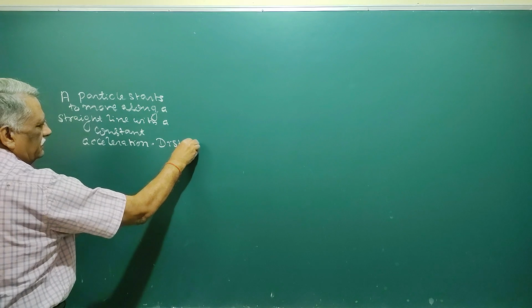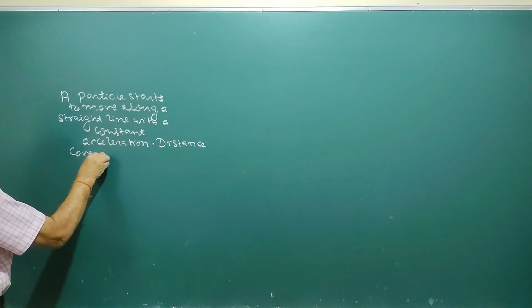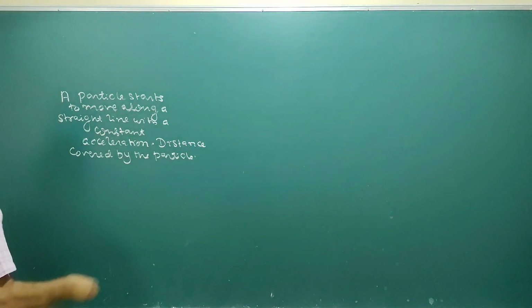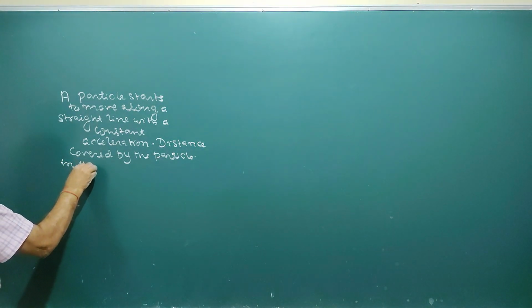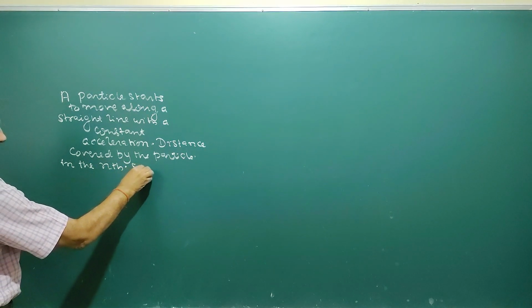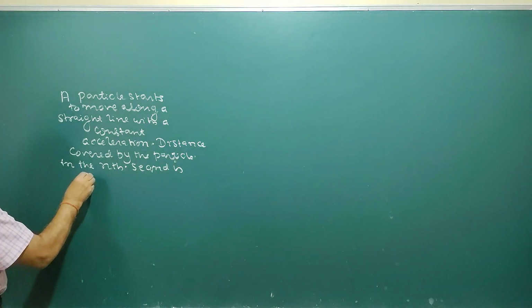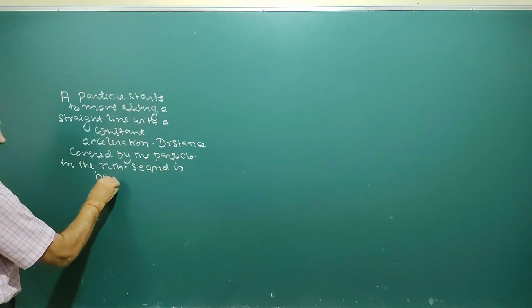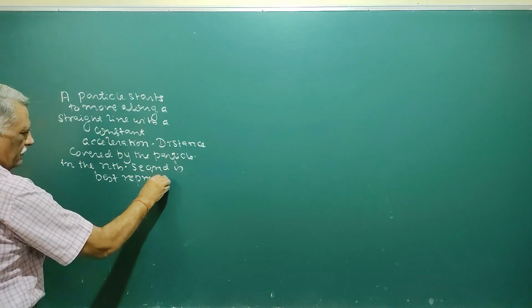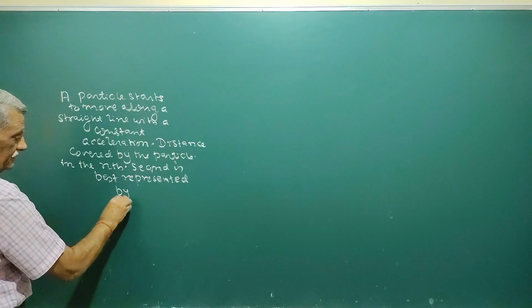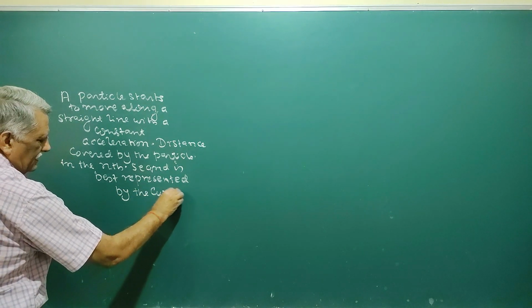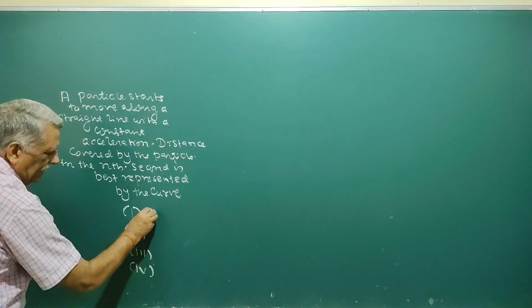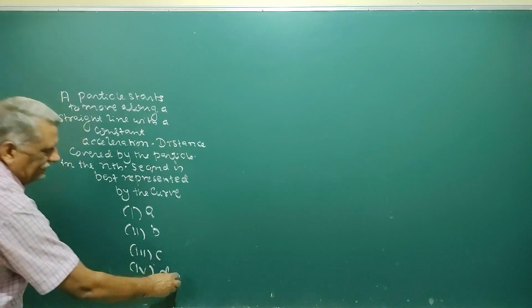Distance covered by the particle in the nth second is best represented by the curve. Options are like this: A, B, C, and D.